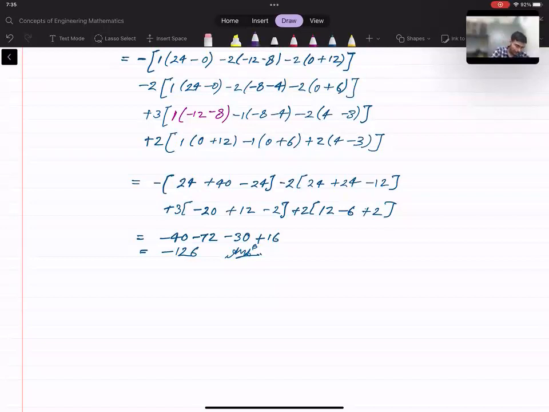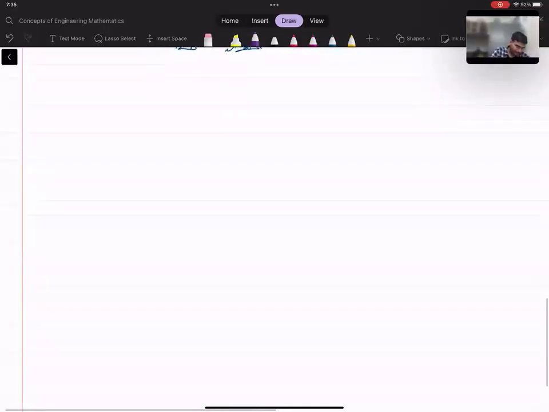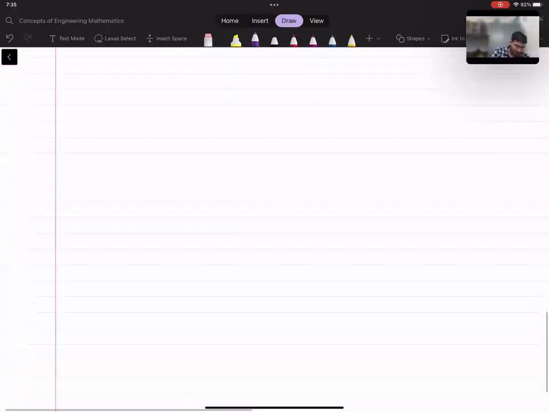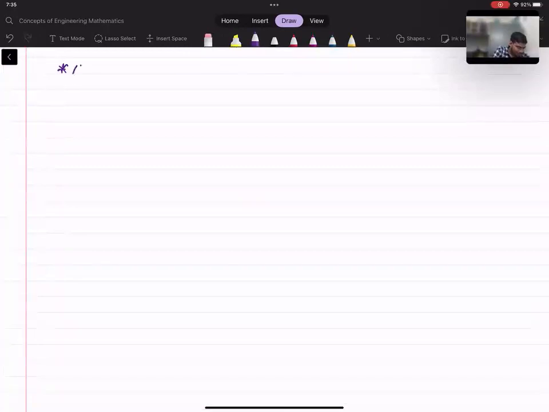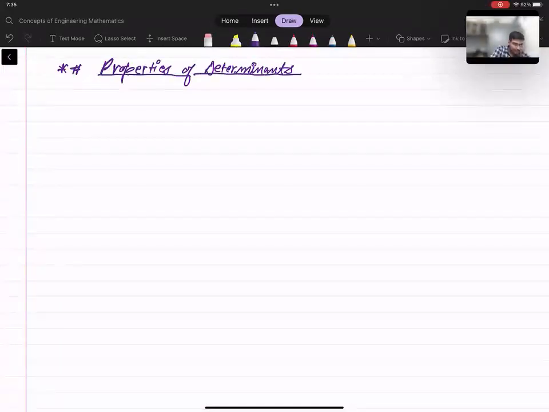So we will now see some properties of determinants. Okay, so there are very fundamental rules for these determinants.